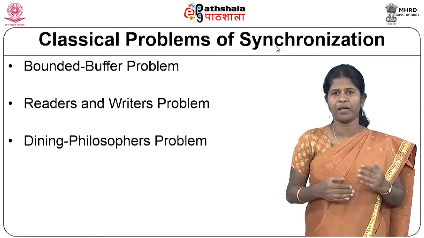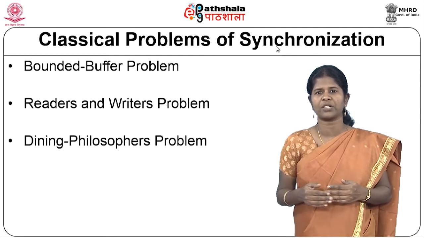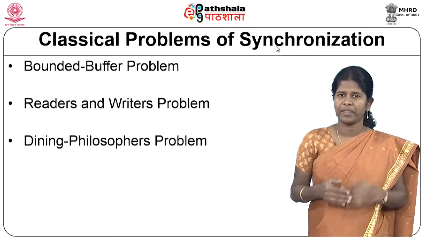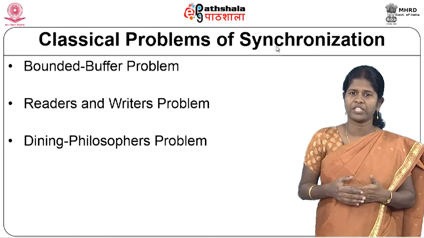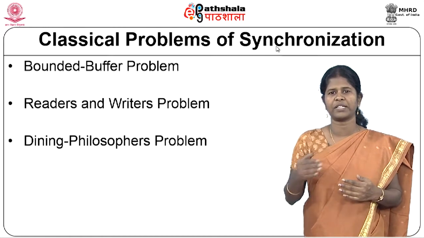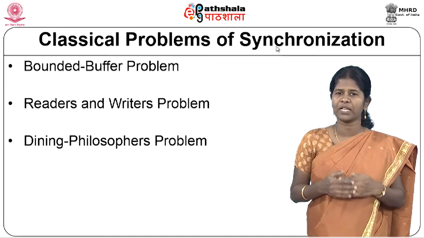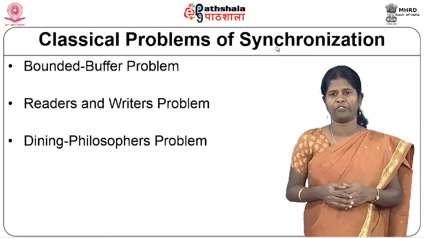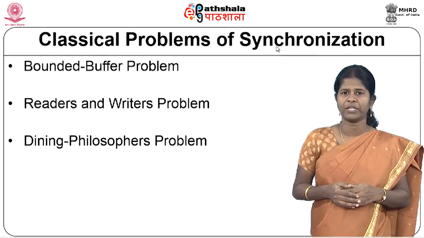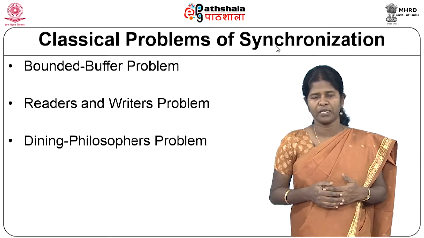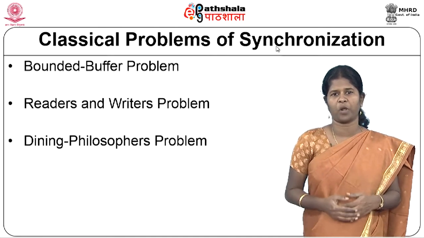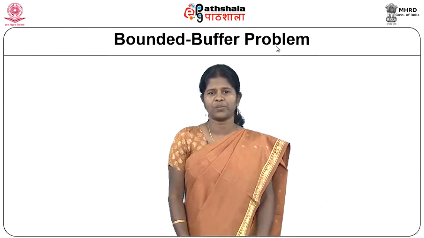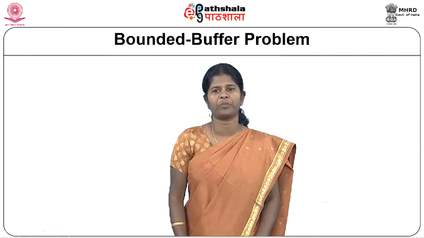So, whenever a new solution to a synchronization problem is devised, they try to apply it on these classical problems and check if that solution works well for this particular kind of problem. And if it is working for these problems, then it should be able to apply to many other kinds of problems as well. So, first we will learn about this bounded buffer problem.